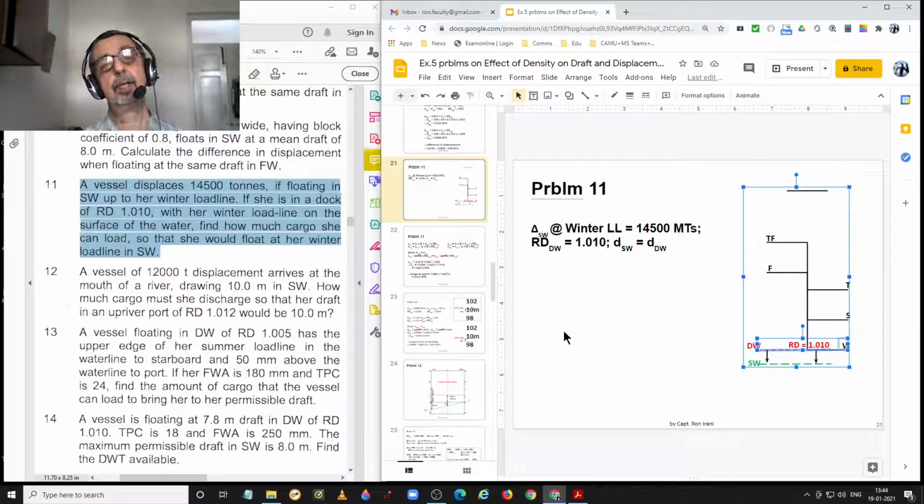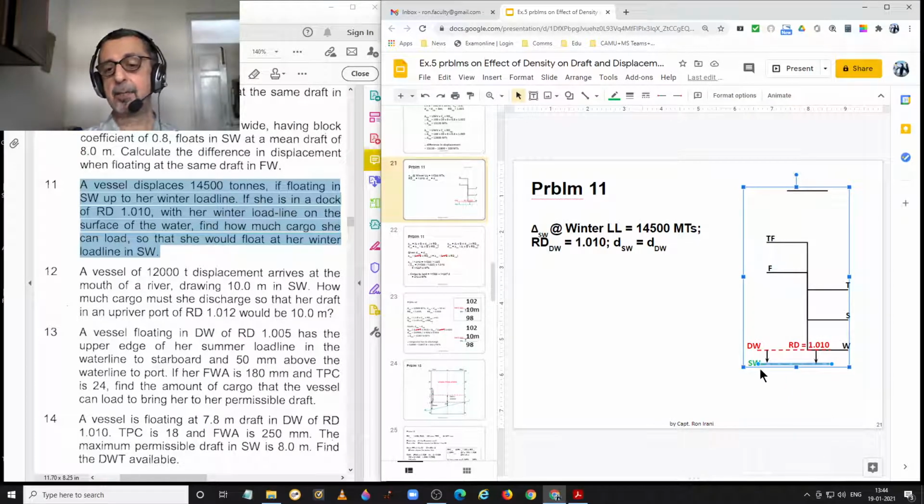She is floating at her winter load line in dock water of 1.010. So when she goes into the salt water, she is going from water of lesser relative density to water of higher relative density. Therefore, the ship will rise and she will float at this.